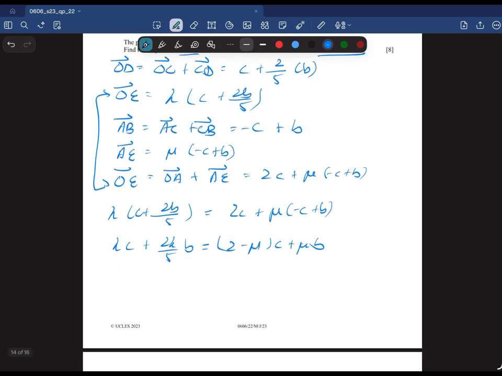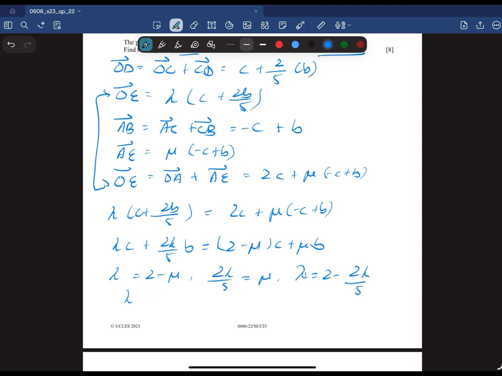We know that lambda is equal to 2 minus mu. Comparing the coefficients, 2 lambda upon 5 is equal to mu. So lambda is equal to 2 minus 2 lambda upon 5.